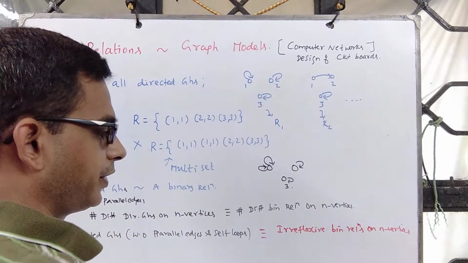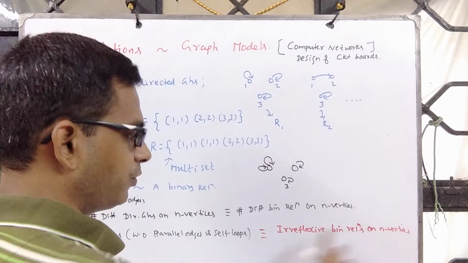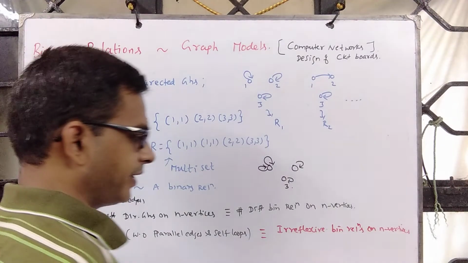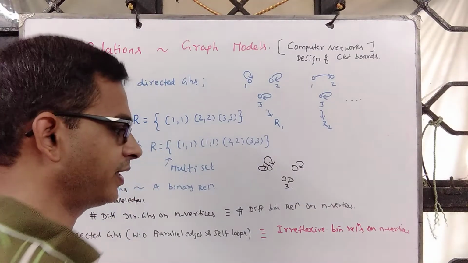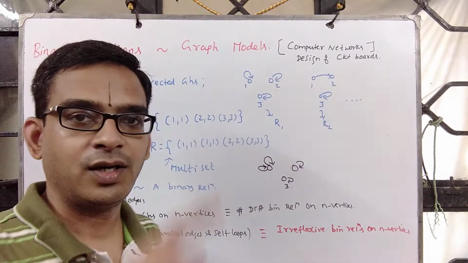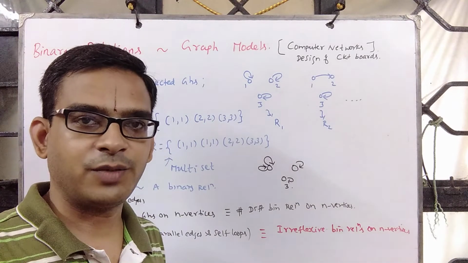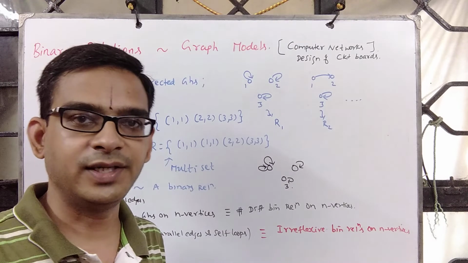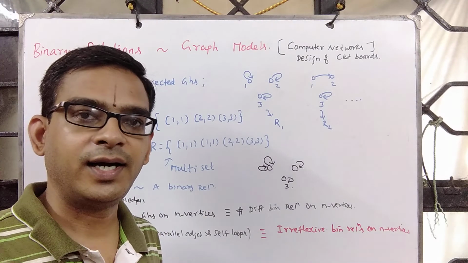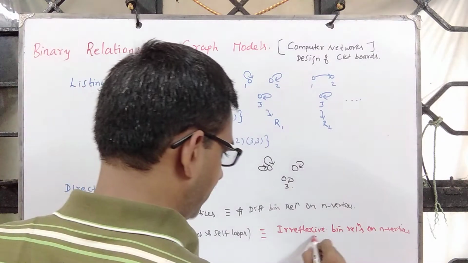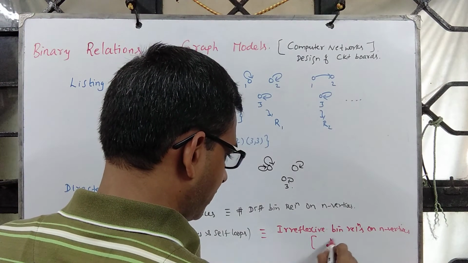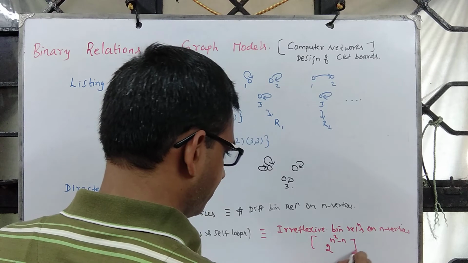So you look at this counting from the relation perspective, which means if you visualize a relation as a matrix, all diagonal elements (1, 1), (2, 2), and so on up to (n, n) are forbidden, and for the rest of them any subset can be there. So what is that value? It is 2 power n squared minus n.